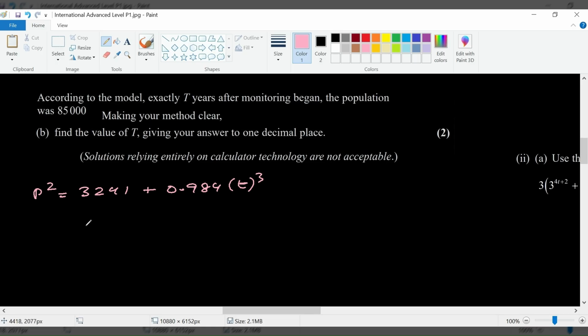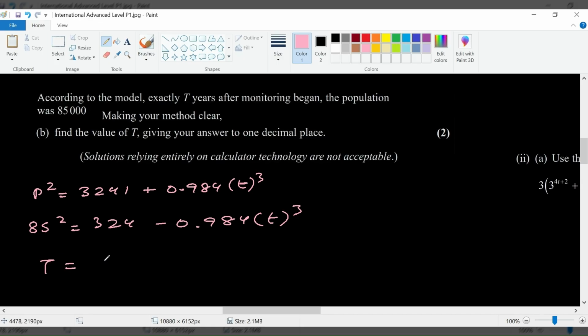P is going to be 85,000, so 85 squared is equal to 3241 plus 0.984 times T cubed.